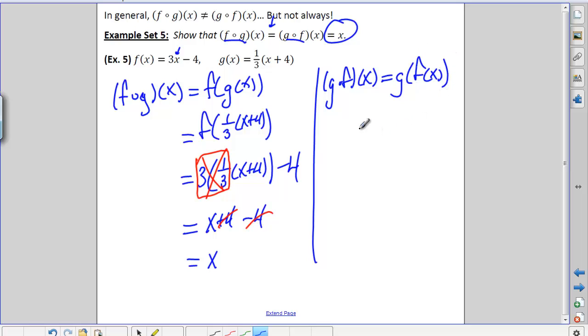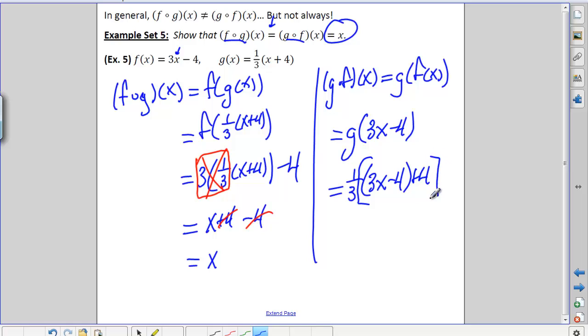See if we can get the same result. F of x is 3x minus 4. If we plug that into g, we get this right here, and you'll notice the same sort of thing happens.